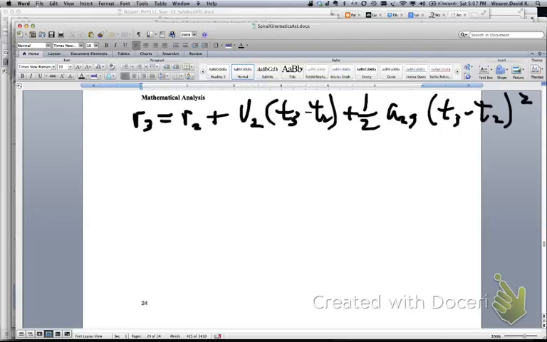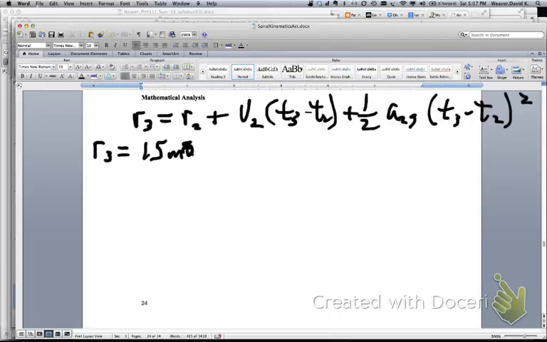In all of this, the one thing we don't know is R3, so we can go ahead and do some plugging. That R2 is, if memory serves, 15 meters.